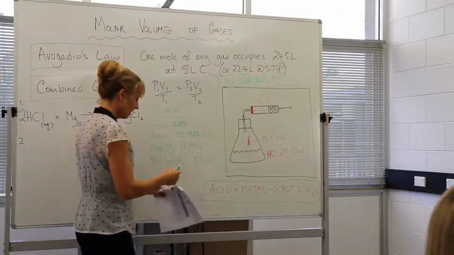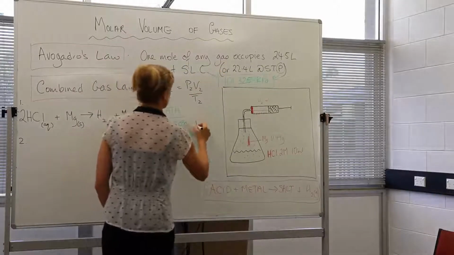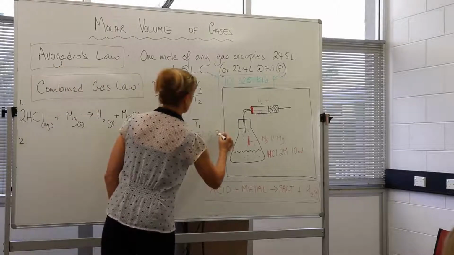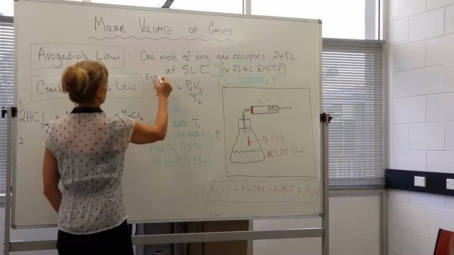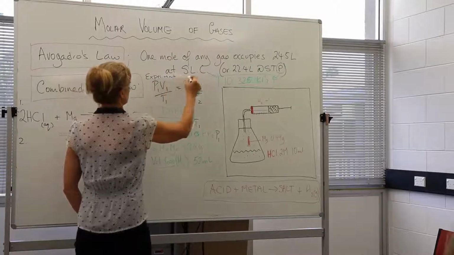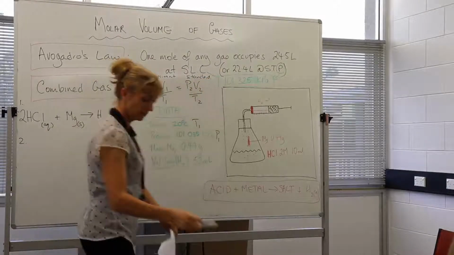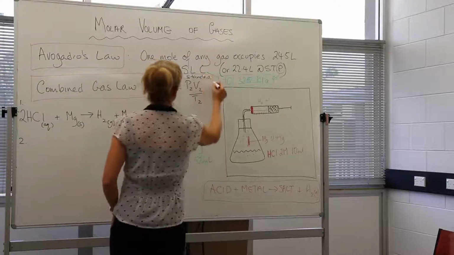This is T1, I'll write it in a different colour so you can see. So this is our T1 here, and our pressure one is this, because this is what we did the experiment in. So this side of the equation is going to be the experiment, and this is the standard that we want to convert it to. So I'll just use another colour so that becomes a little bit more obvious.